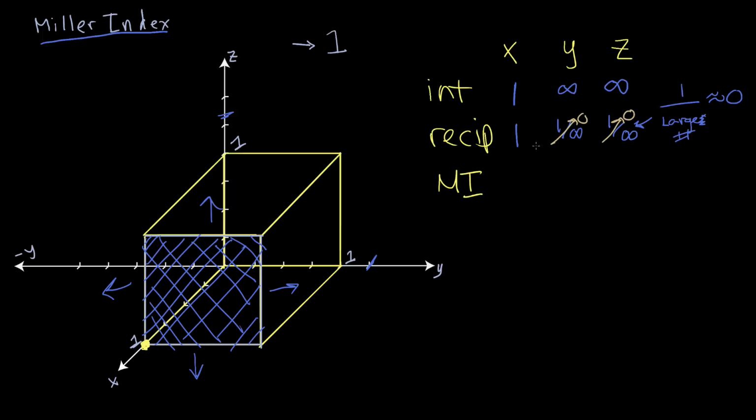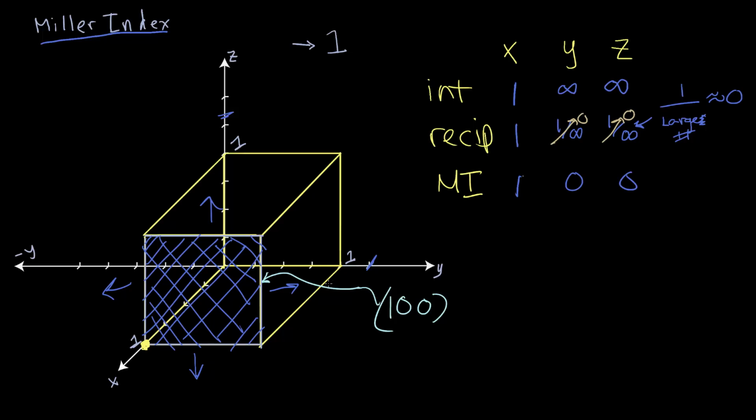Since these are not fractions, I can directly write down my Miller index from the reciprocals of the intercepts. So this plane is the 1, 0, 0 plane. From now on, we will not have to call this the front face of the crystal.